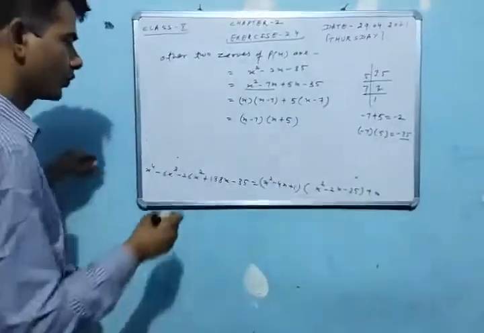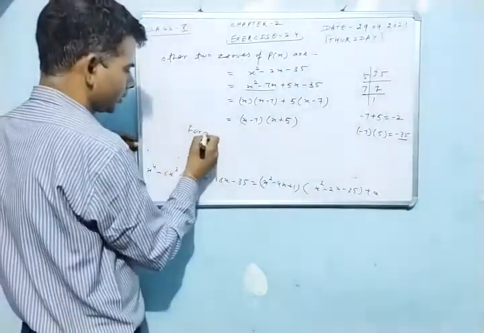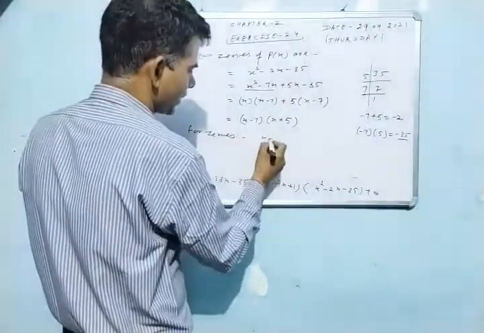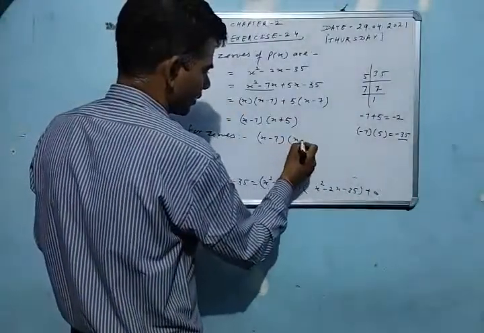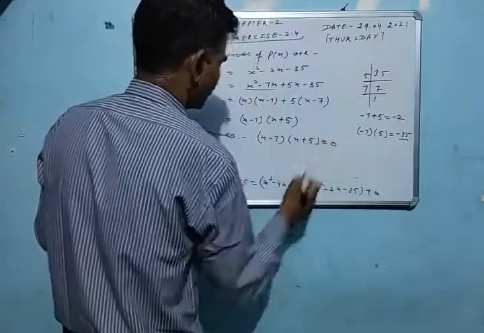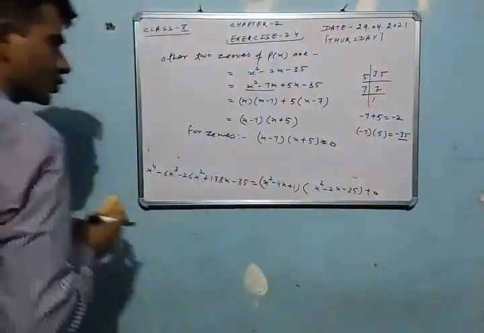For zeros, x minus 7 and x plus 5 equal to 0.